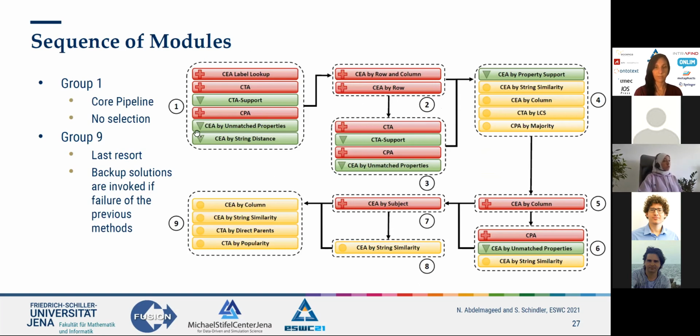The first one represents our core pipeline, and we do not apply any kind of selection here. While in the 9th group, we have our last resort, or all attempts of selection: in case one fails, it goes to the next one. In between, it's just a mixture among the creation, filtration, and selection.